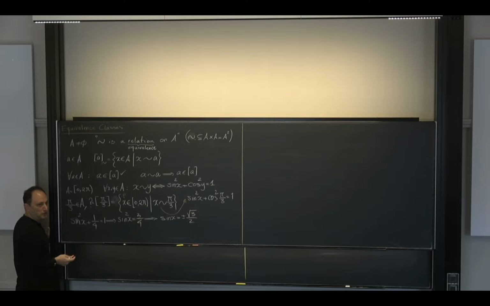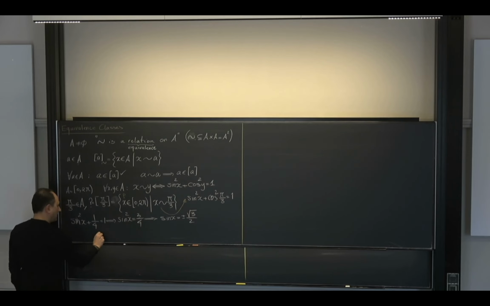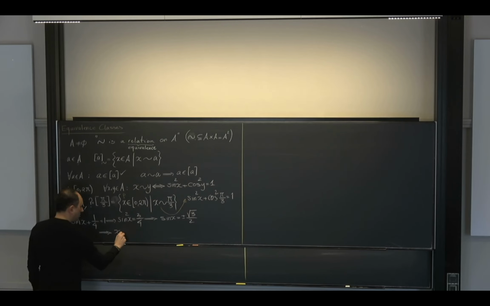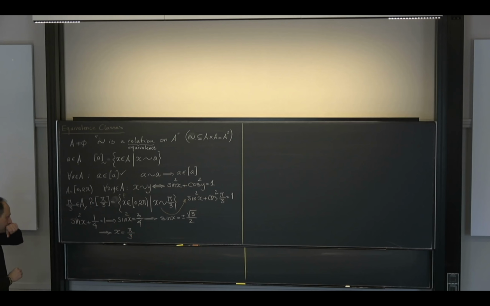You remember sine of which angles are the square root of 3 over 2 and minus the square root of 3 over 2? Square root of 3 over 2 is 60 degrees. So this means that x should be 60 degrees, write it in radians, pi over 3.